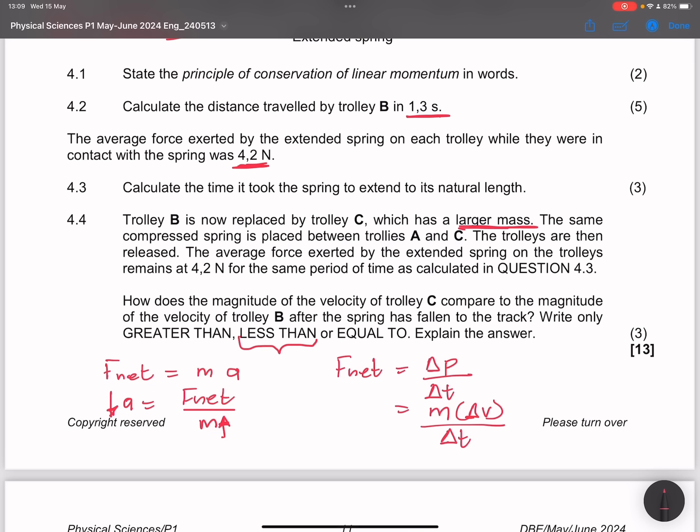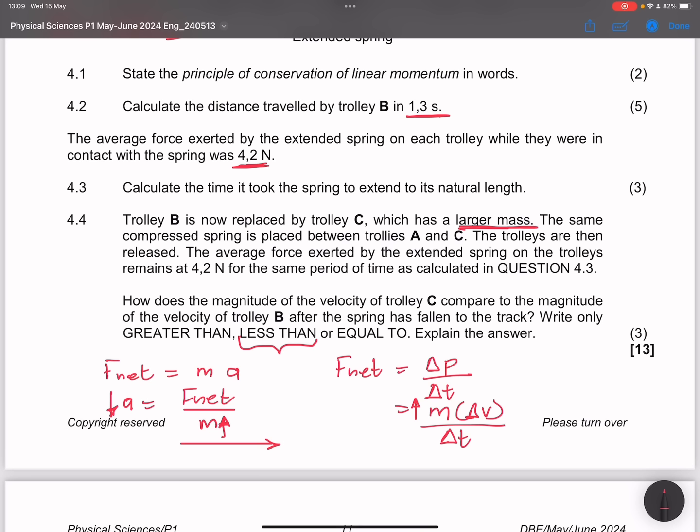So what did we do here? We made the mass of B much larger. I actually wanted to show it from change in momentum. I think this would actually show it much better than the previous one would.